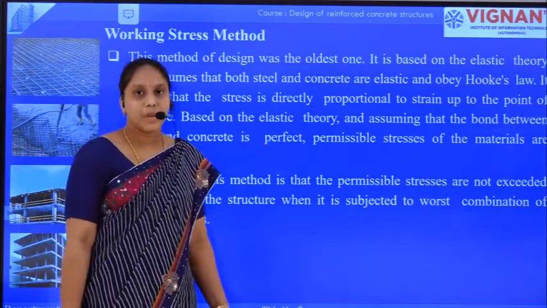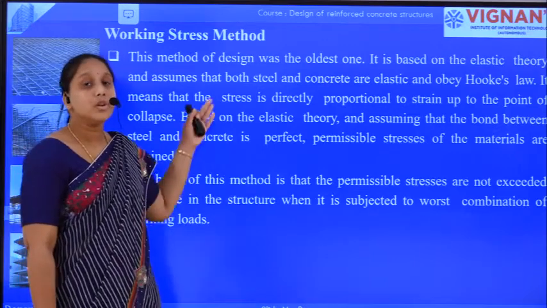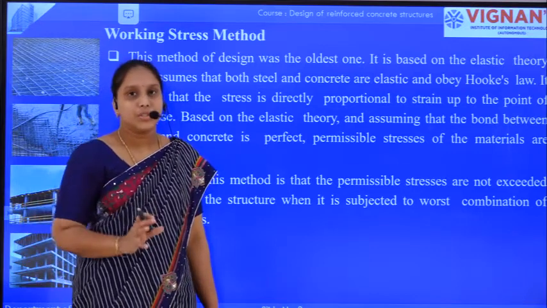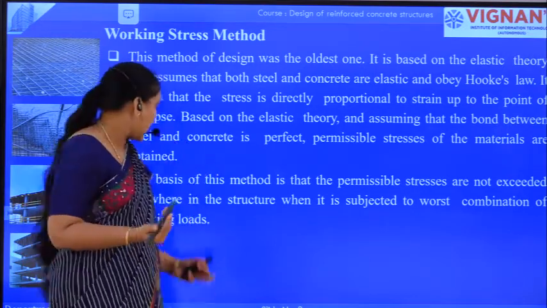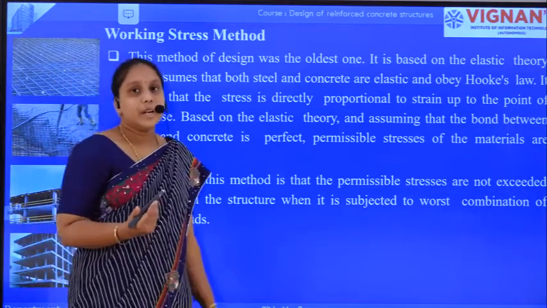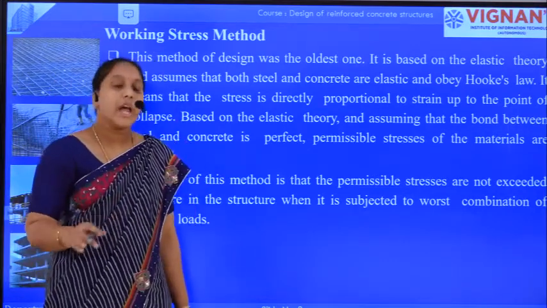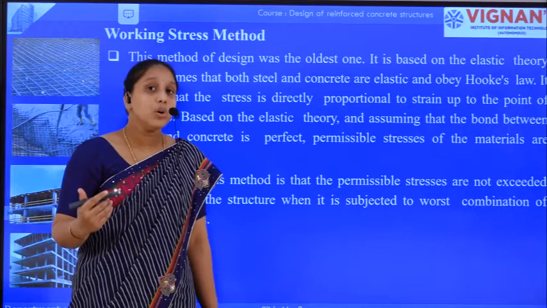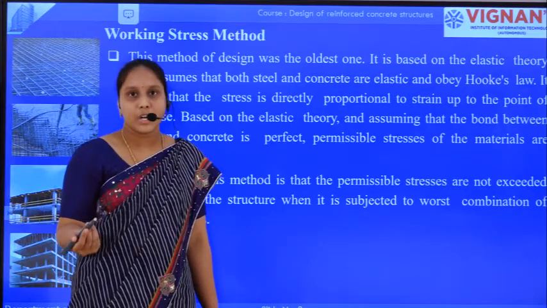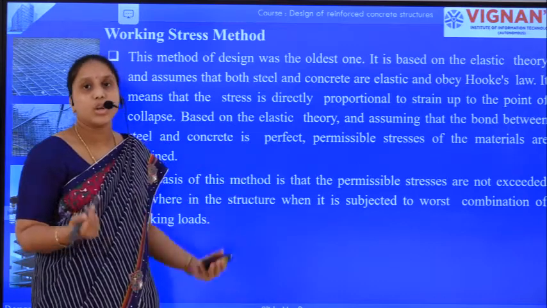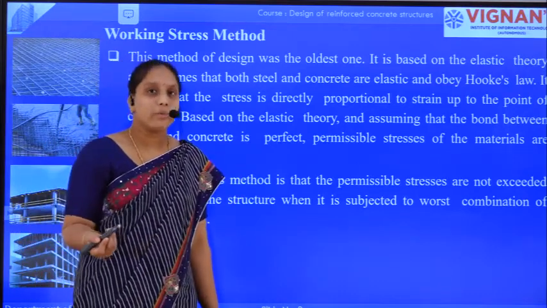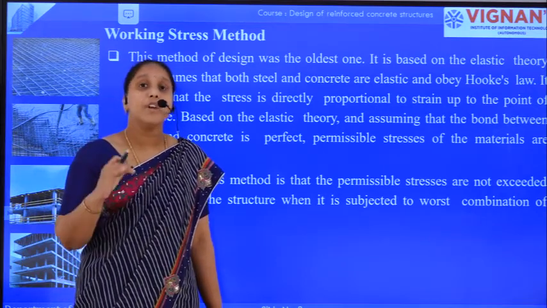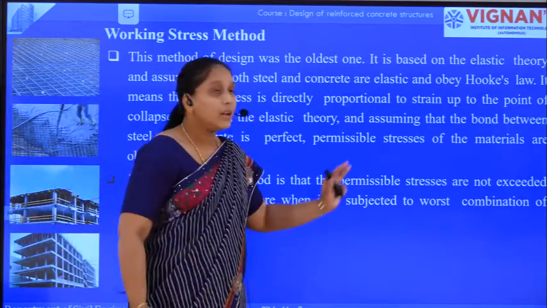So what does this point mean? Based on the assumptions, they have taken certain values of the permissible stresses. The main basis of this method is that anywhere in the structure, due to any worst combination of working loads, we have already discussed what a working load is, the stresses in the materials will not exceed the permissible stresses.